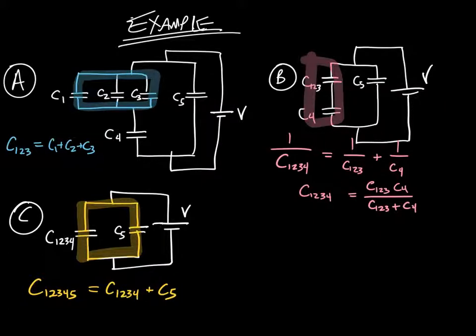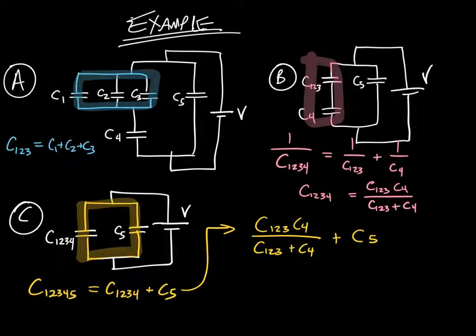So C1, let me continue here, give myself some room. So C1, 2, 3, 4 was this C1, 2, 3 times C4 and then plus a C5.